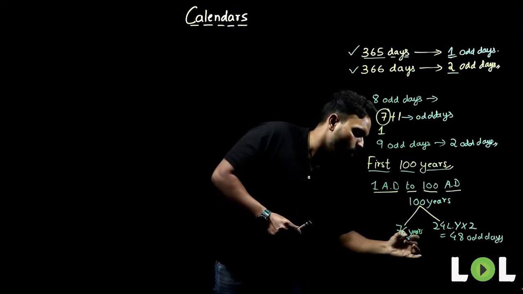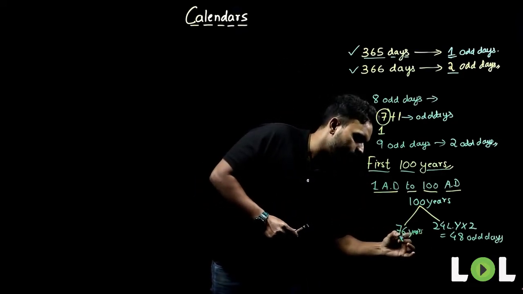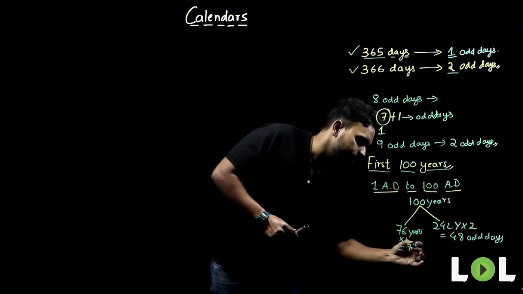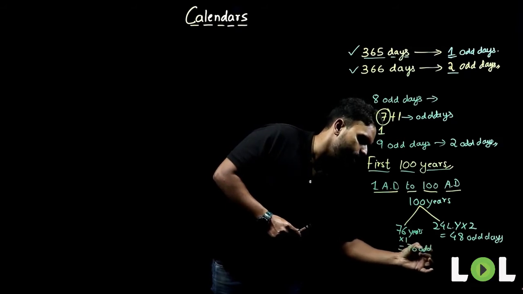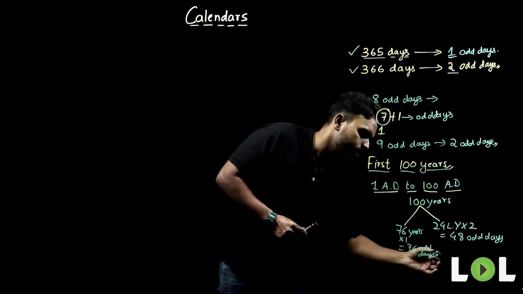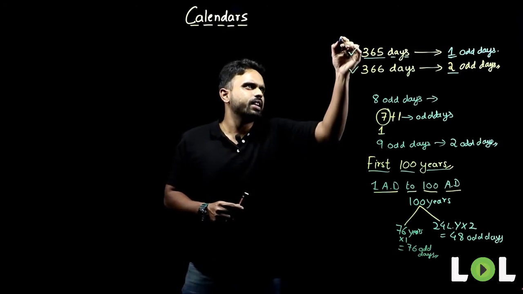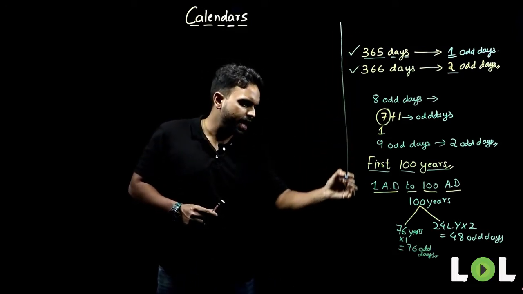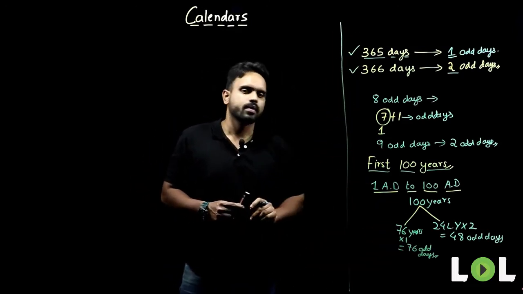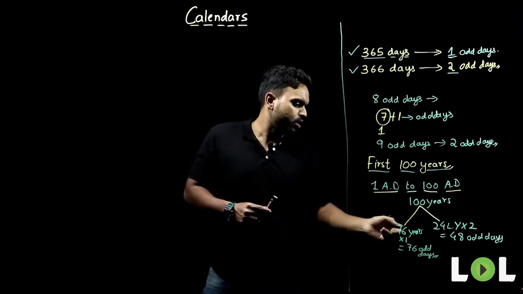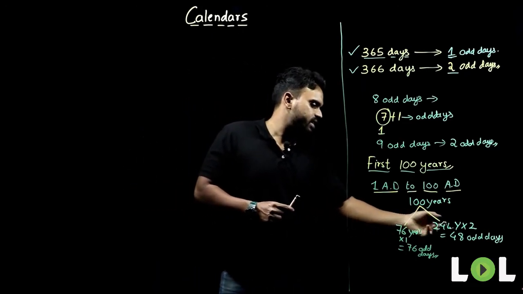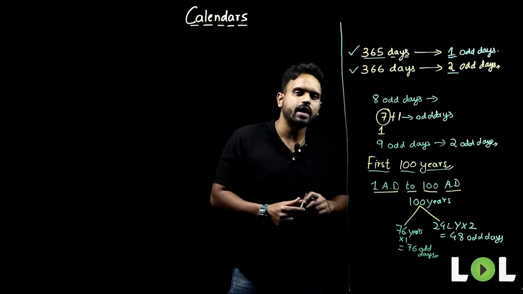I have 1 odd day. So totally together, how many odd days will I have here? 76 odd days. Now I know that the number of odd days can never be greater than 7. But here I have how many? 76 and 48. 76 plus 48 gives me how much?